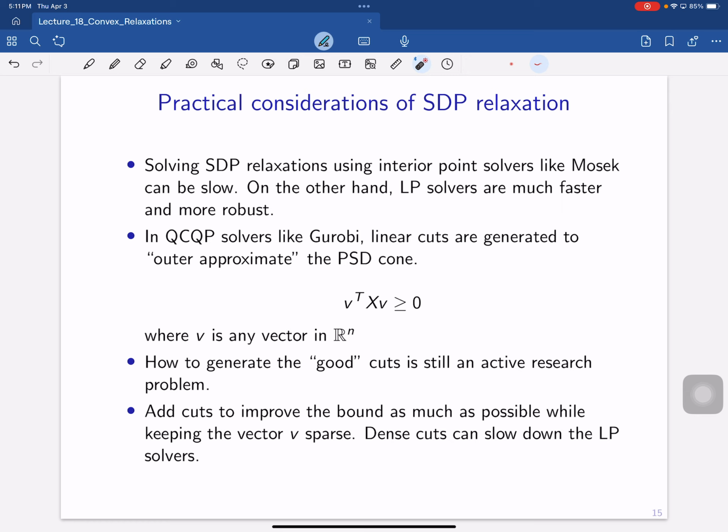If you add too many cuts that are very dense, it will slow down the linear algebra of the solver. So you could select some of the so-called sparse cuts. Typically, people find some good principal minors of the PSD matrix instead of adding a dense cut.